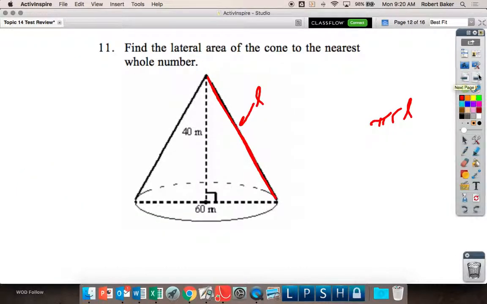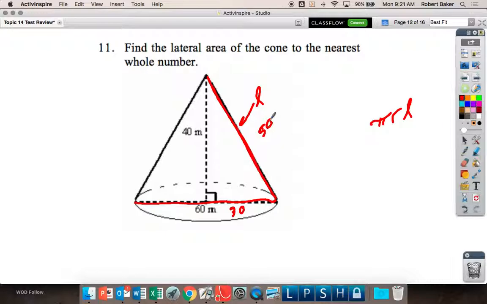The lateral surface area of this one is just pi r L. Remember that this is a diameter measurement, so you cut that number in half and you get 30. Then it becomes a multiple of a 3, 4, 5 right triangle, and I know that this number is 50. Or you could have used a squared plus b squared equals c squared, and it should have given 50. So your L value is 50.